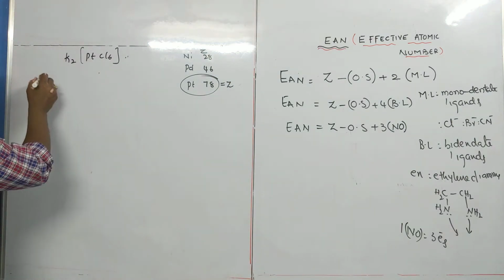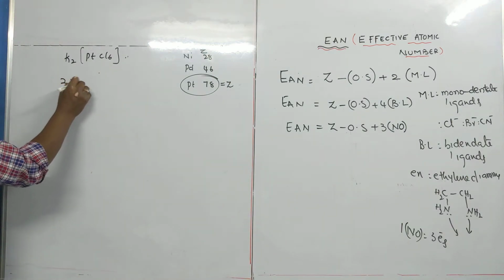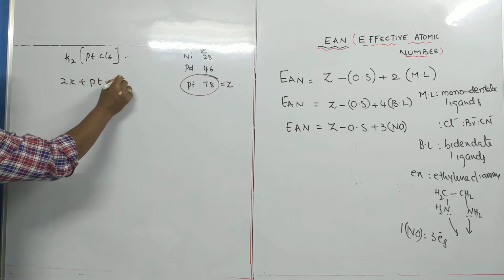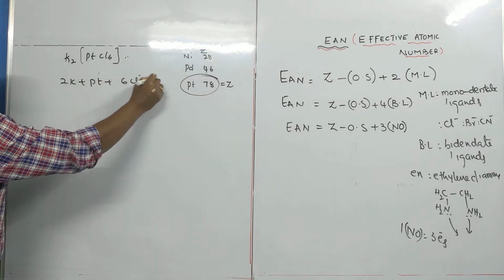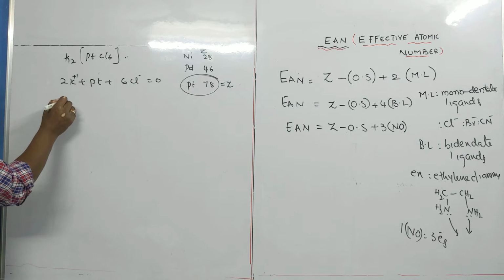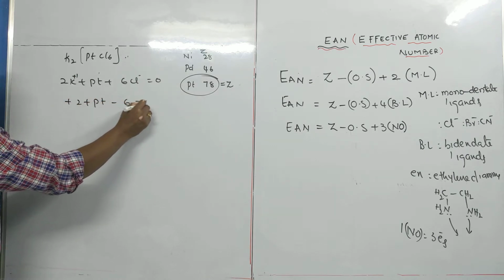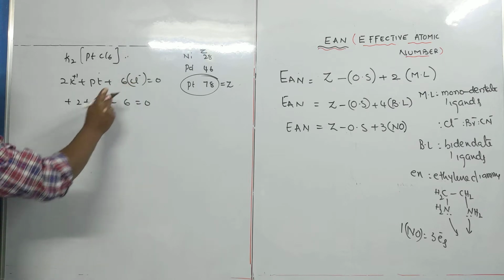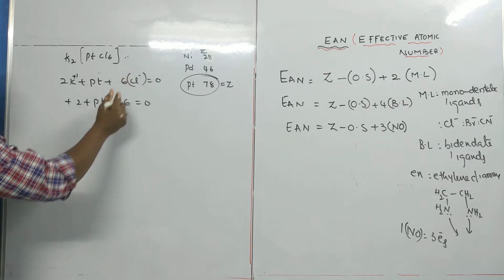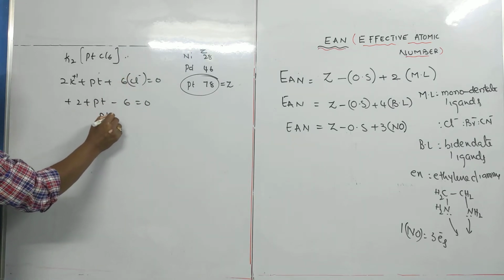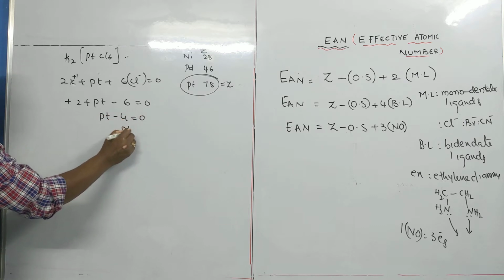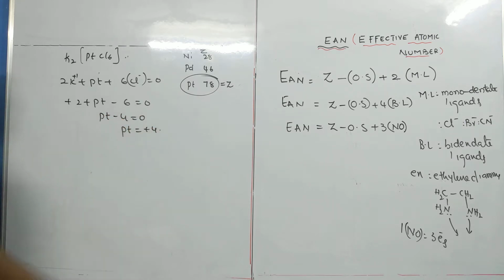We know potassium oxidation state plus 1, platinum, plus 6 chlorides, total equal to 0. So potassium is plus 2, plus platinum, minus 6 equal to 0, because chlorine is 6 into minus 1. Platinum we are getting plus 4. Platinum oxidation state is plus 4.